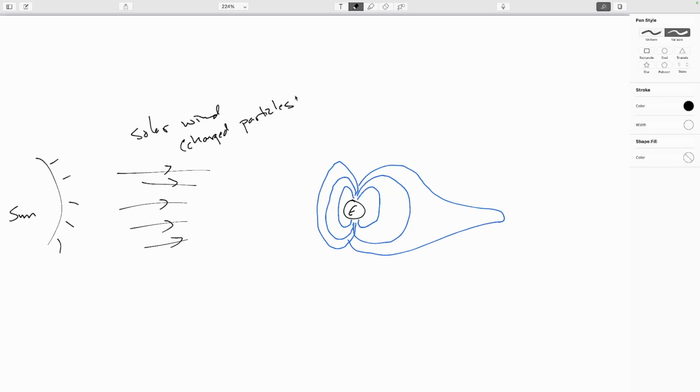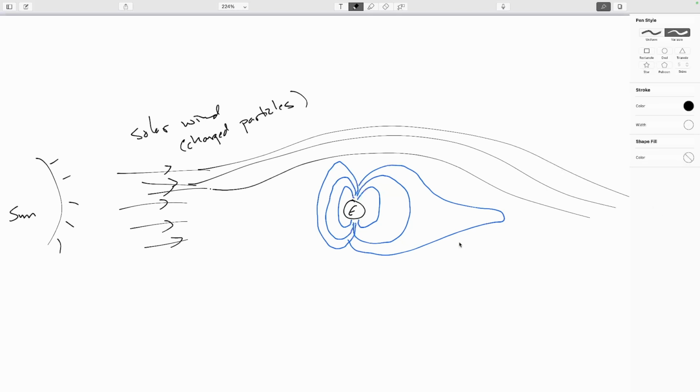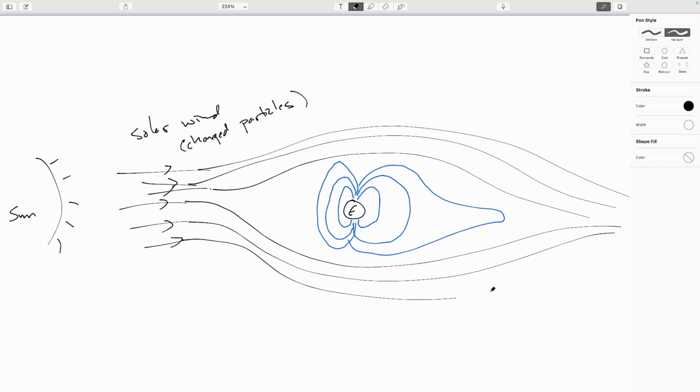And just like we said that a magnetic field can cause the trajectory of charged particles to change, Newton's third law is going to require that the charged particles moving here can also deform the magnetic field. So what's going to happen is the charged particles, for the most part, will flow around the Earth, but they will have distorted the Earth's magnetic field in the process.